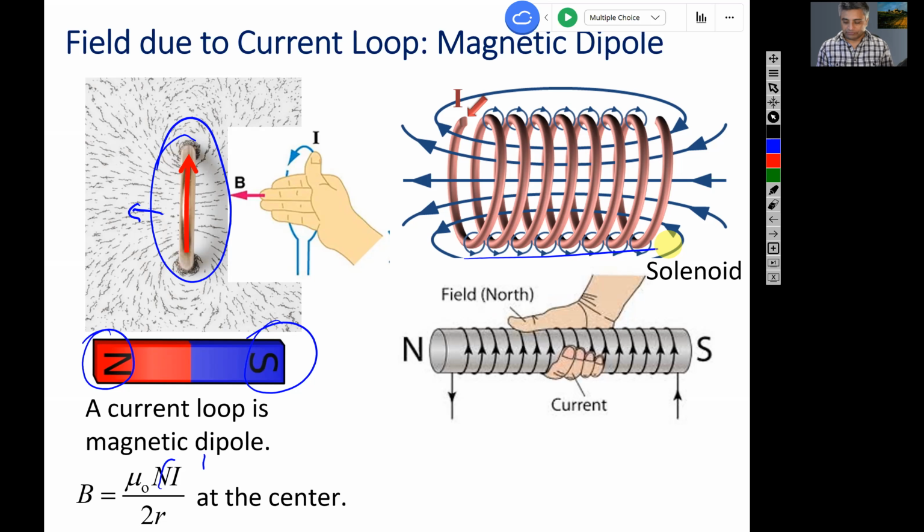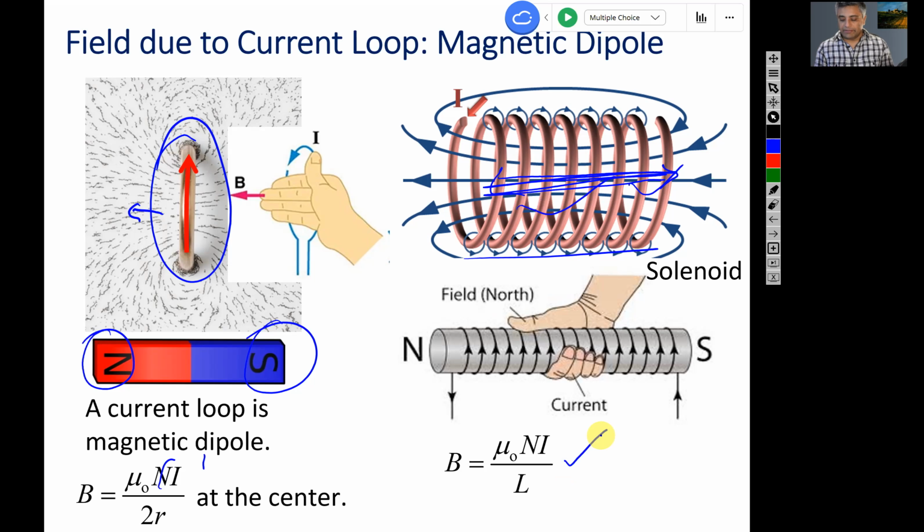And when you have a large number of turns in a structure like this, we can replace this r by the length of the cylinder. The length of the cylinder is not the length of the wire; in this case, this is the length of the cylinder, and this cylinder is a solenoid. We call that a solenoid, okay?